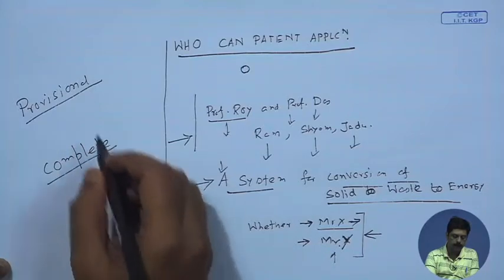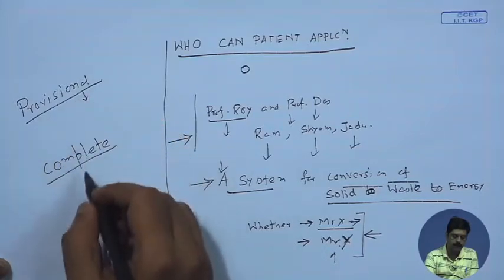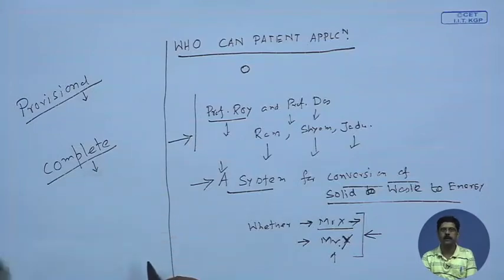Okay. So if your invention is not complete in all respects and you are thinking about further improvement, but you feel the concept has huge potential and it is better to protect it and get a date, sometimes we call it the priority date, in that case you should file a patent application using the provisional application route, or sometimes we call it the provisional specification route.